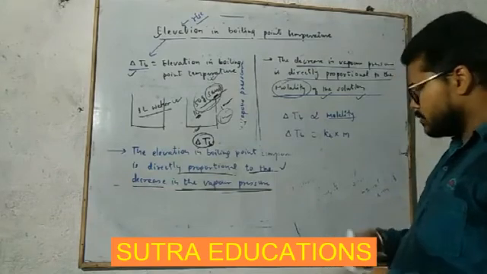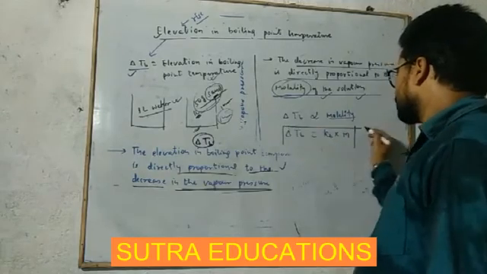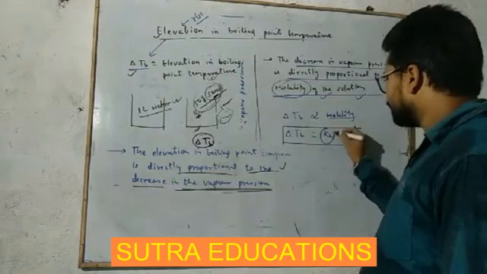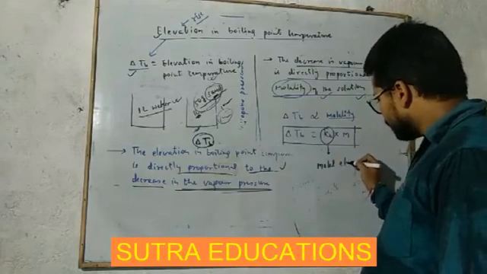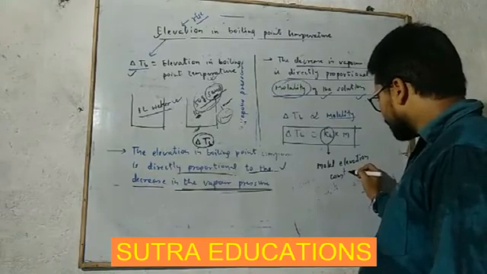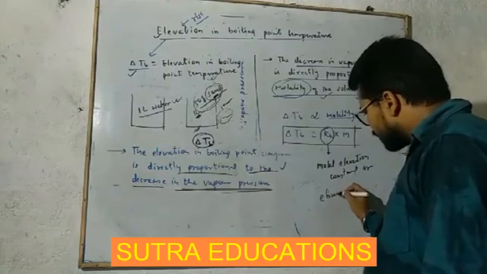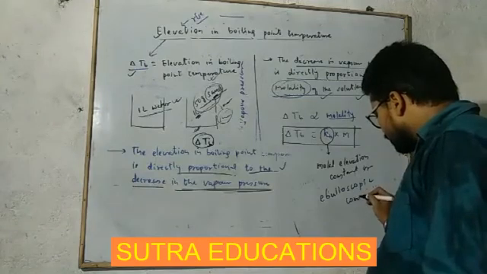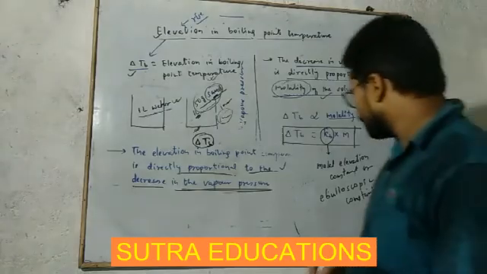So delta Tb equals Kb into m, where this Kb is the molal elevation constant, or it is also called the ebullioscopic constant.